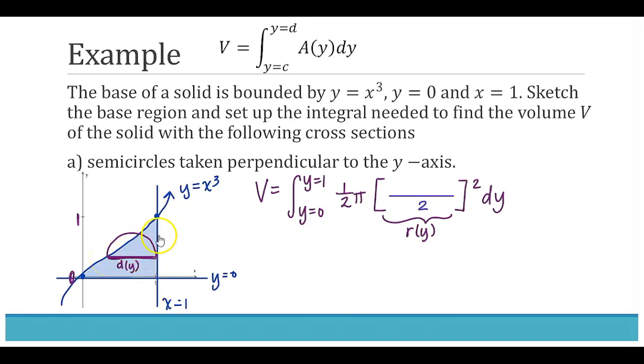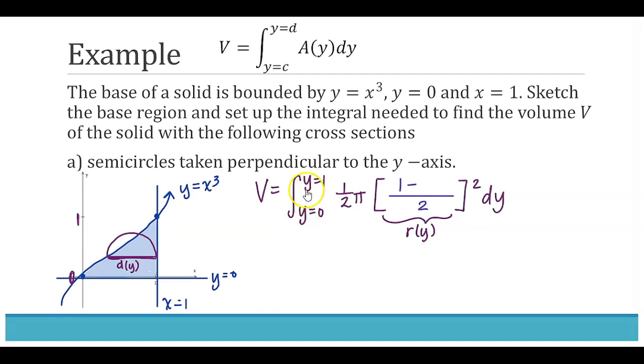Well, the right function here is x equals 1, so I'm going to have 1 minus, and now here we have to be incredibly careful. If we were to just think that the left function over here is x cubed, and we put x cubed right here, that would be incorrect because we need everything to be in terms of y.